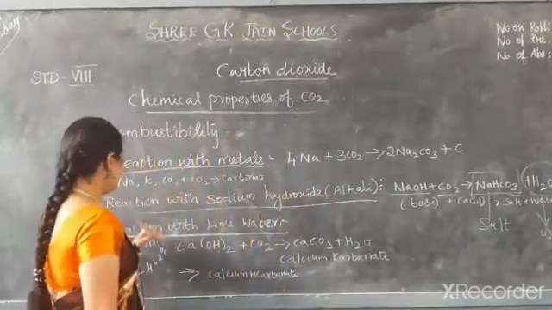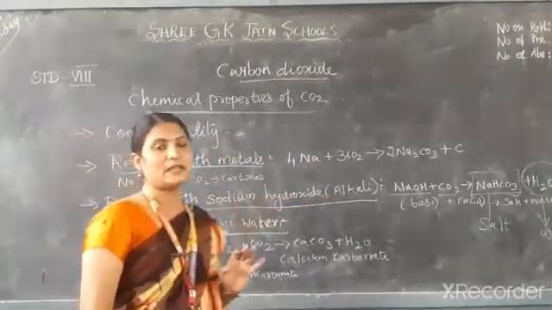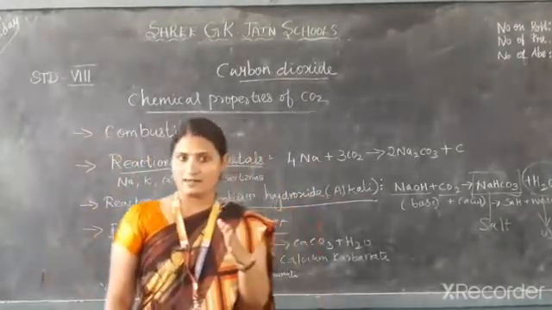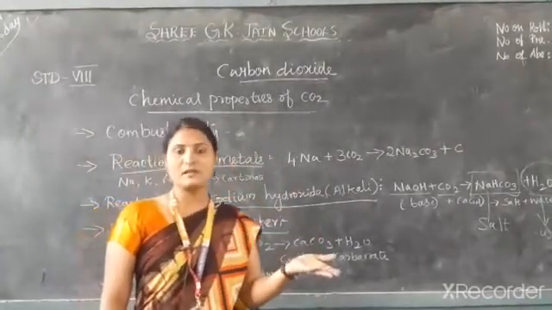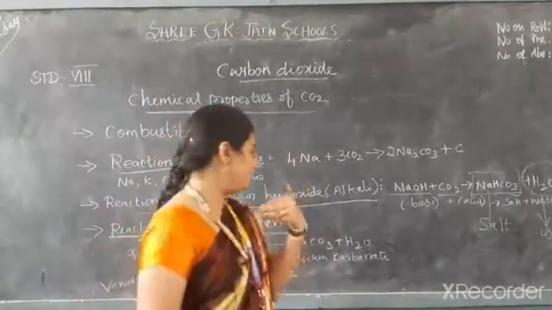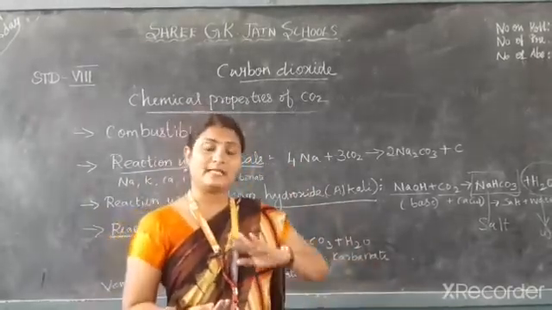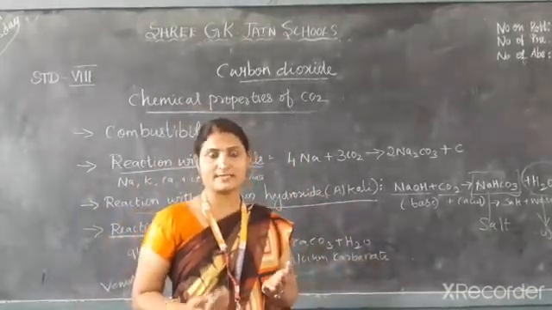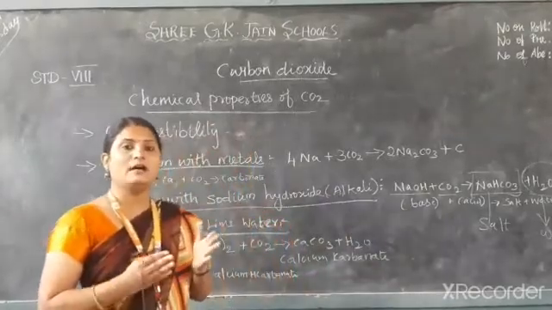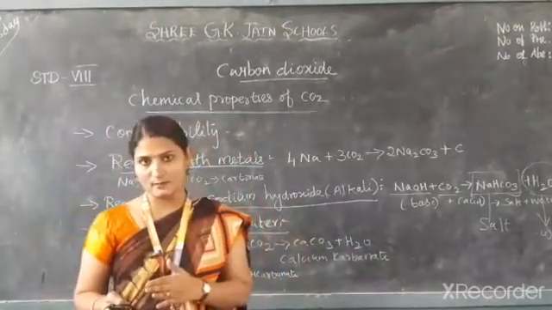And what about the reaction with lime water? When carbon dioxide passes through lime water, it will produce calcium carbonate. When an excess amount of carbon dioxide is passed through the lime water, it will turn milky white.